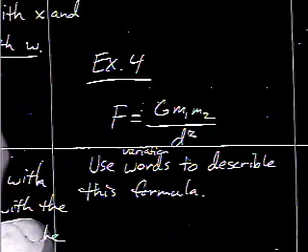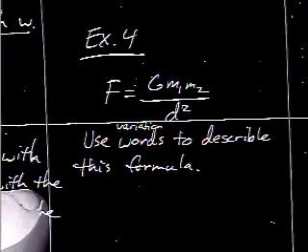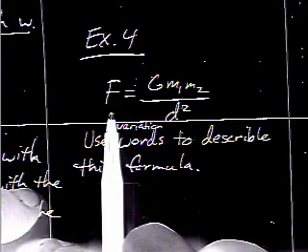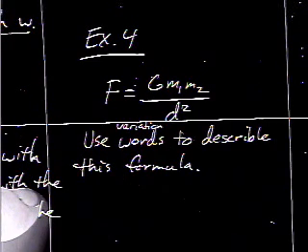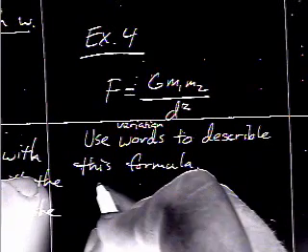Example 4 is a situation where we're talking about the force and the magnitude. You got gravity and a couple different planets and their relationship and the pull on each other. So use words to describe this formula.